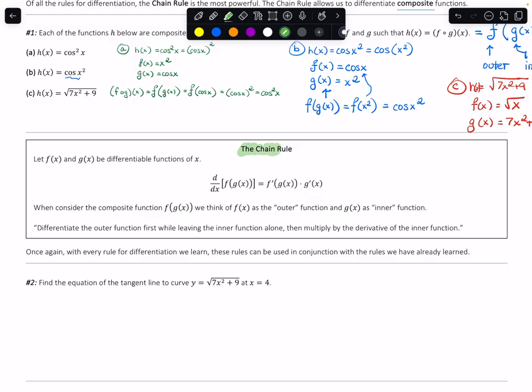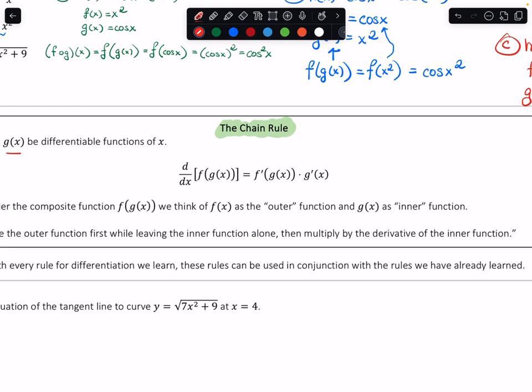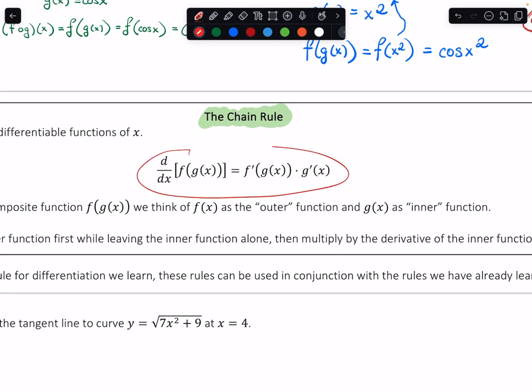Because that is today. So we have two functions, f and g, and they're differentiable functions, meaning their derivatives are defined at all values of x. So look what we have here, because really this is the rule. That is the chain rule. So you're d/dx-ing, and of course d/dx in calculus means take the derivative of whatever's inside there.